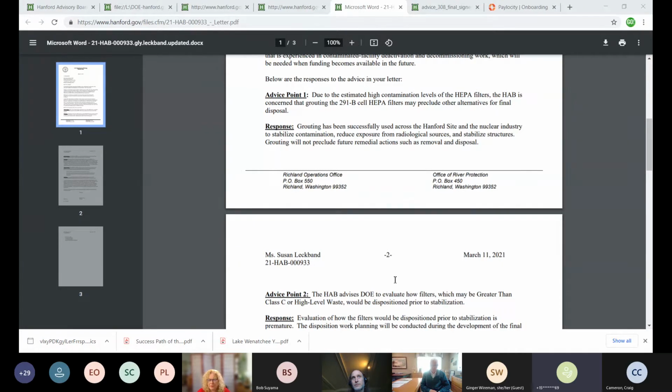Speaking as a RAP member, but also as a BCC member involved with a number of different recent advices to DOE, I'm actually envious of the response that you got on 308 from the standpoint of actual responses from DOE to each individual item that you had highlighted in the advice. We often have not gotten that, and I see that as at least one positive from the response that you received.